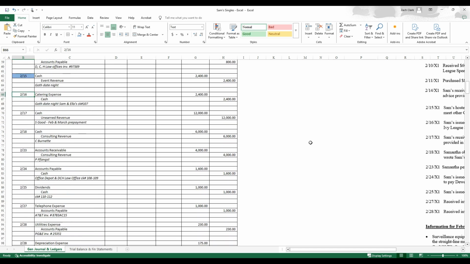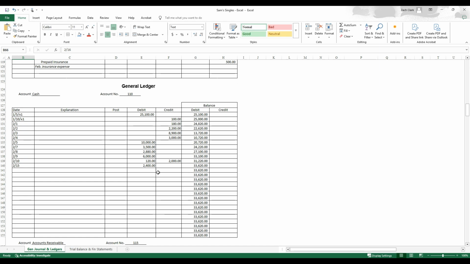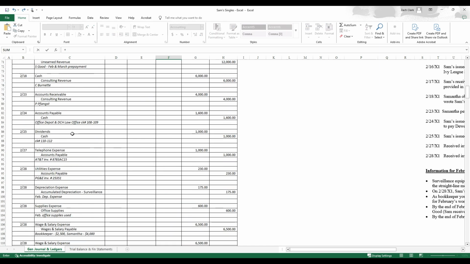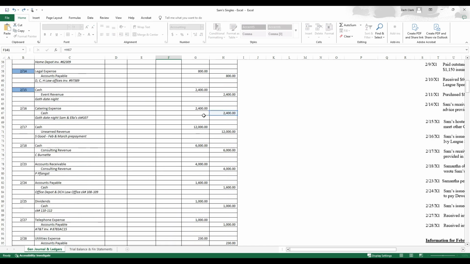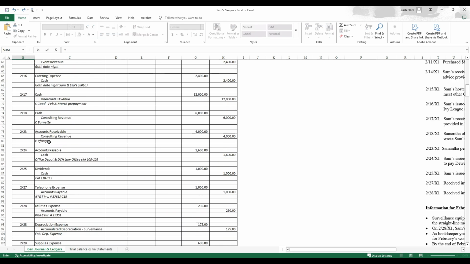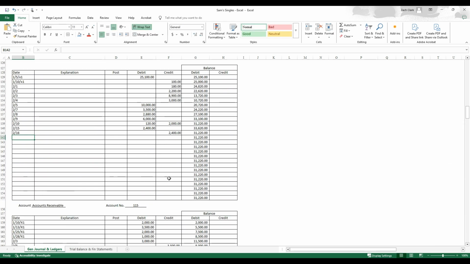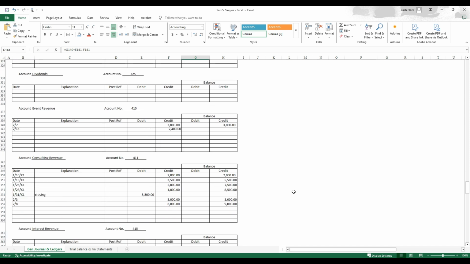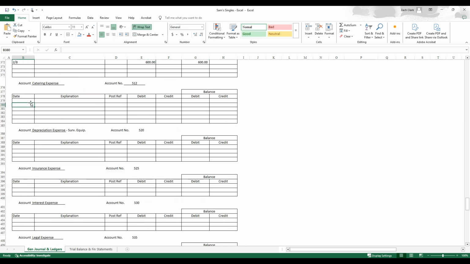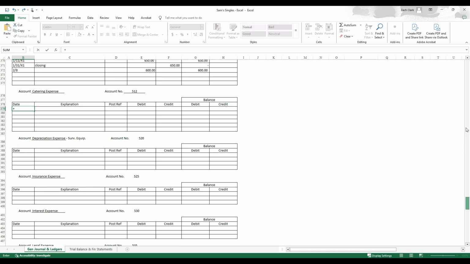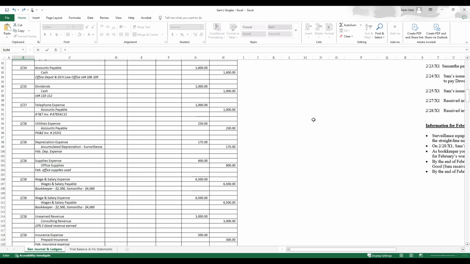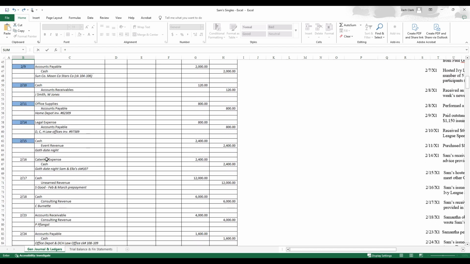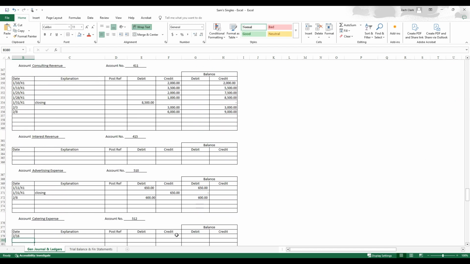All right, on the 16th, we recorded some catering expense, and we had a reduction in cash. That was the 16th. Auto updates, so that's nice there. Catering expense, now we gotta find. Oh, there it is. Let's put it at the top row. $216.